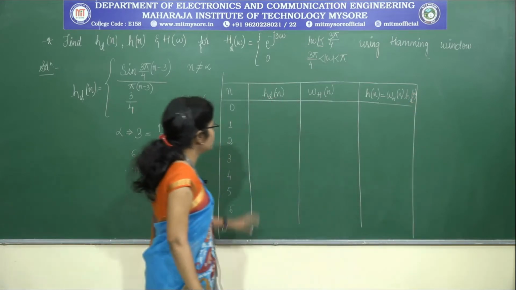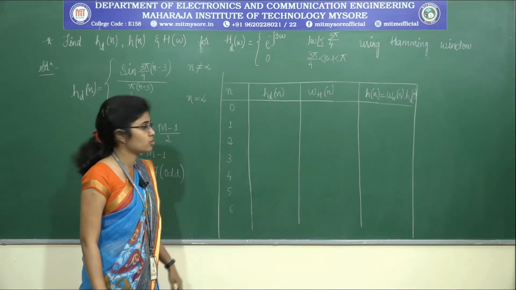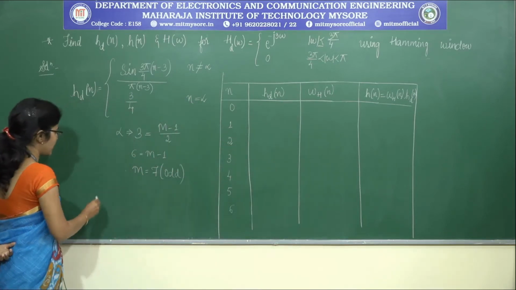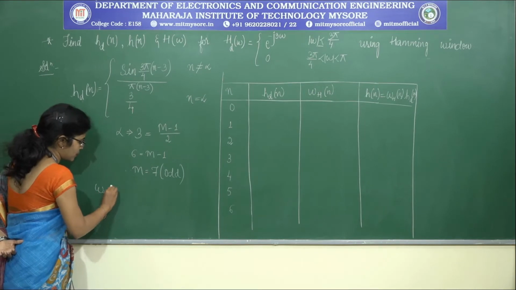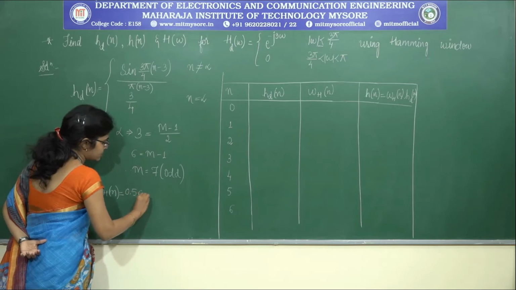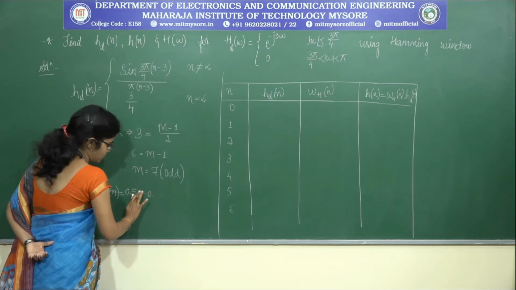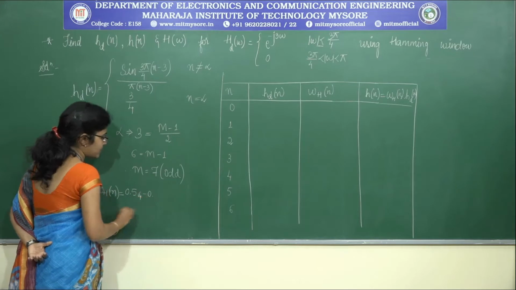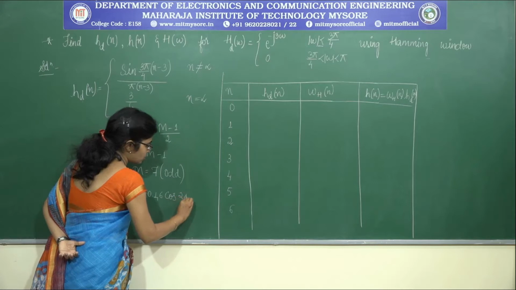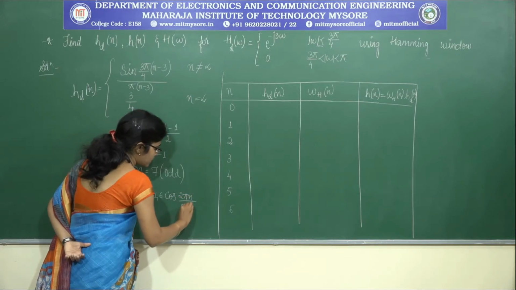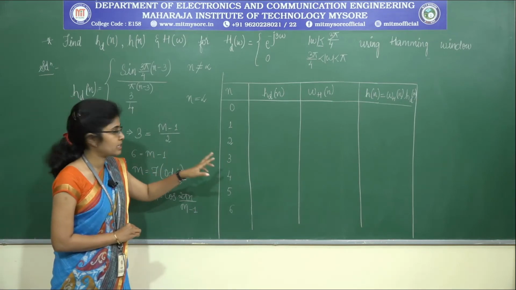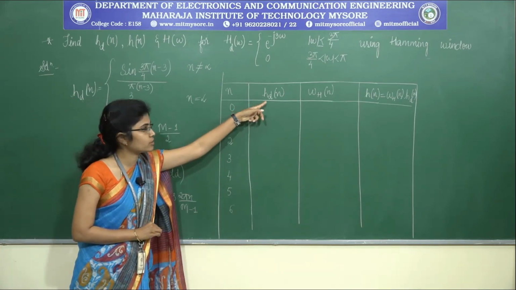Okay. Now with the help of this table, we can find out h of n, and they are telling us to use Hamming window, and we know the expression for Hamming window is given by omega h of n, which is equal to 0.54 minus 0.46 into cos 2 pi n divided by m minus 1. Now what we need to do, in the first case, we need to start finding out hd of n.